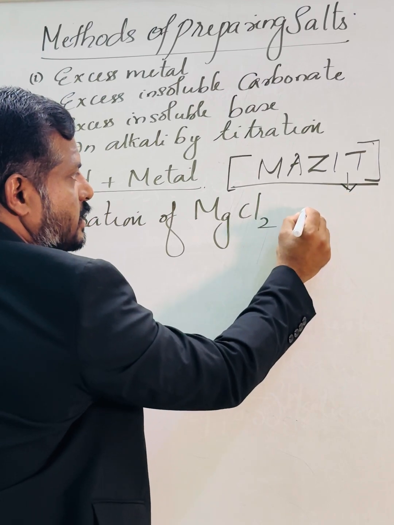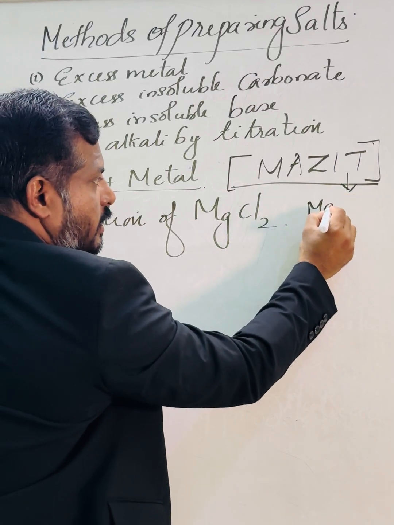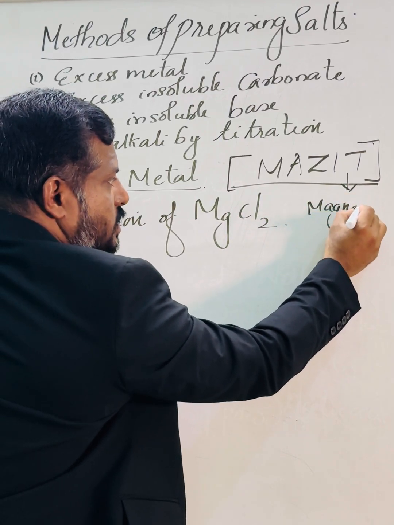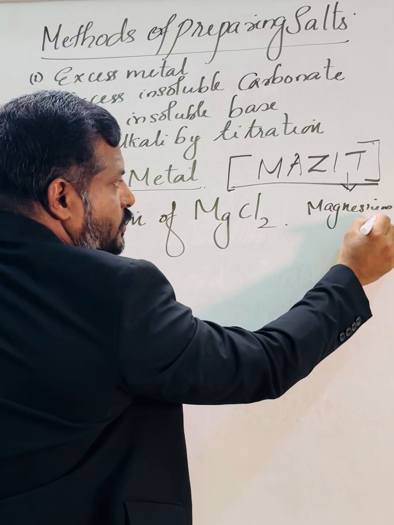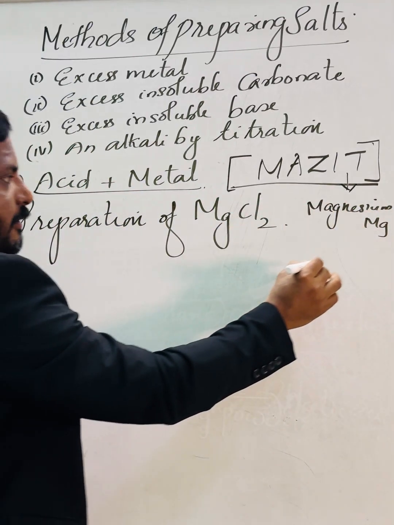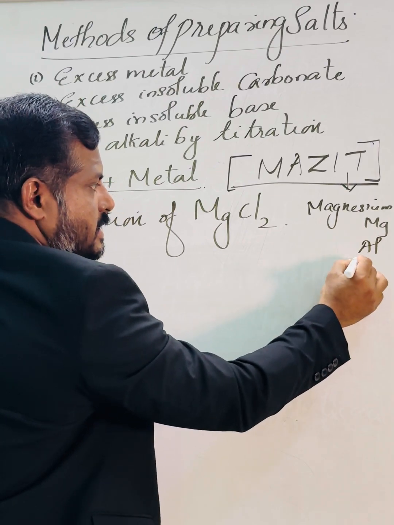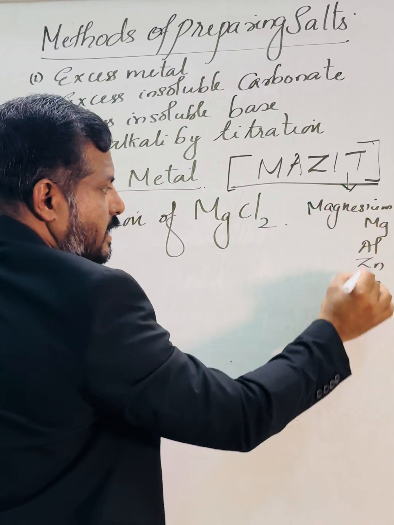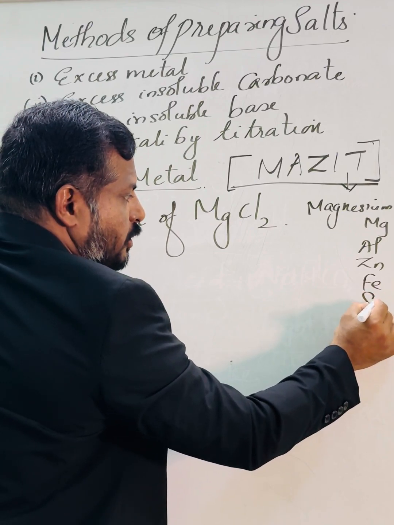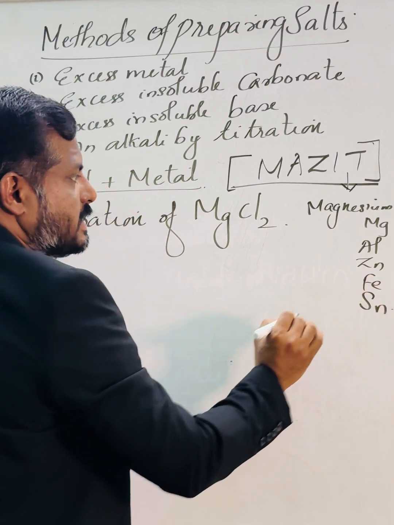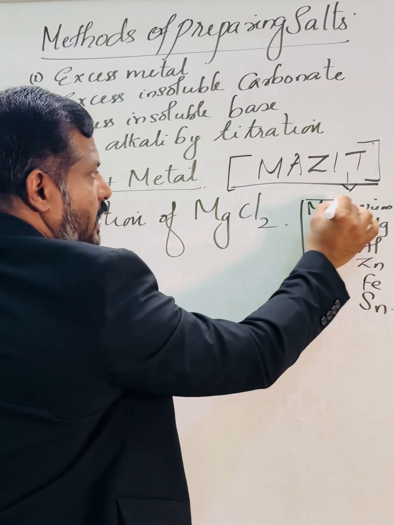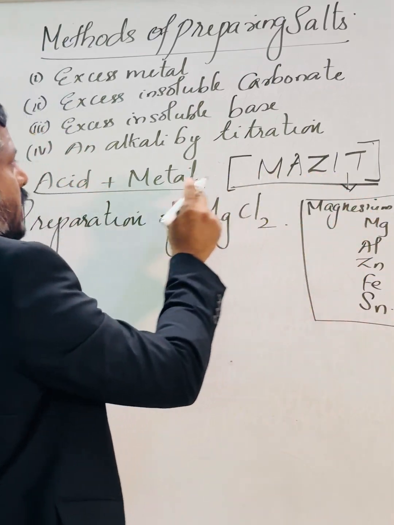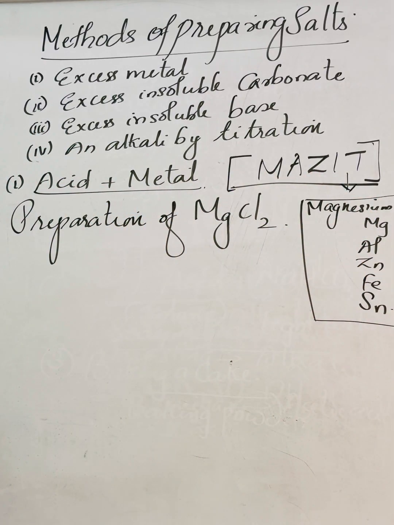You can use this short form. M for magnesium, now I will use the symbol Mg. A for aluminium, Z for zinc, I for iron, T for tin. Keep in your mind, the symbol of tin is Sn. These metal salts can be prepared by acid and metal.